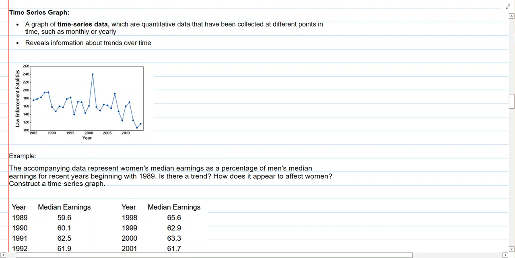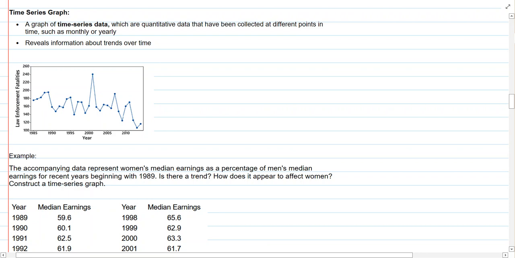And this one is law enforcement fatalities. It is from the year of 1985 to, so we're talking about maybe 2020, suppose. Okay. So the dots are for each of the years and what is happening, and then they connect the dots to show a trend.